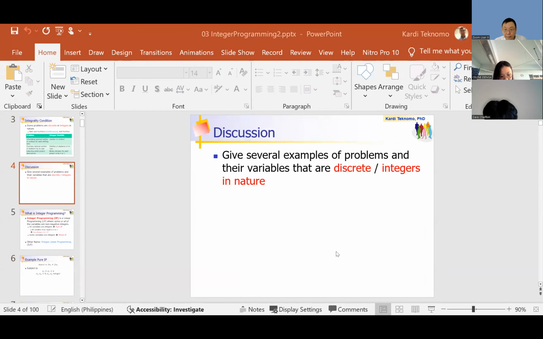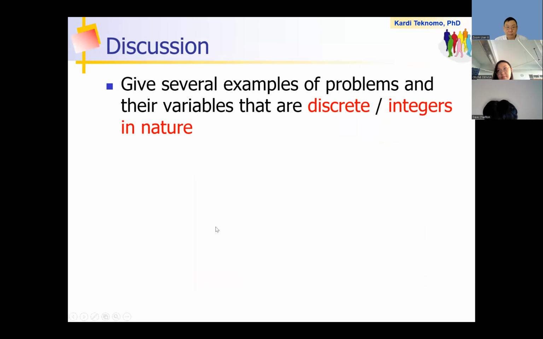With this introduction a while ago, I hope you can give several problems and variables that are discrete or integer in nature. So Dave, give an example of problems and the variables that are discrete.